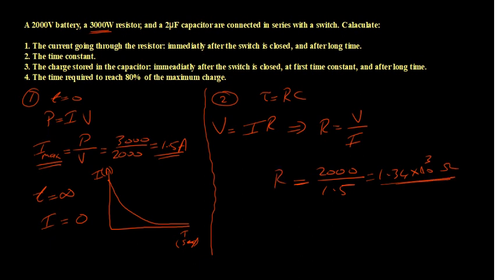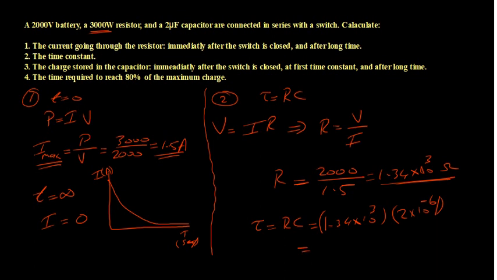Okay. Now we can calculate the time constant, RC. So it's 1.34 times 10 to the power 3 multiplied by the capacitance, which is 2 times 10 to the power minus 6.